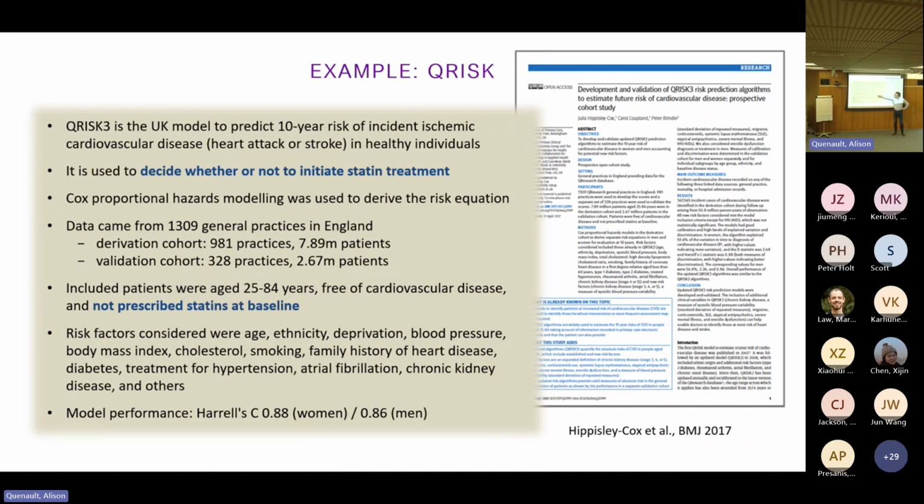And also, they were not prescribed statins at baseline. That's important for the rest of my talk, so please remember that. Then there was a whole range of risk factors that were considered. There were separate equations for men and women, and the C-index associated with those models were 0.88 and 0.86, so pretty good, actually, good model performance.